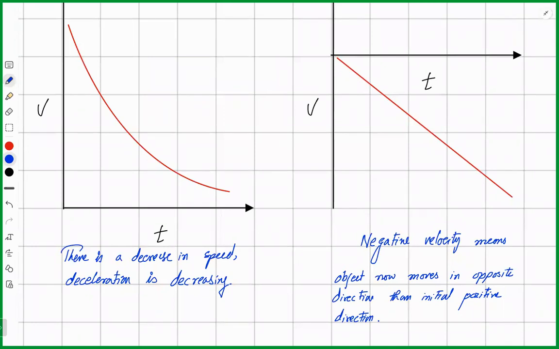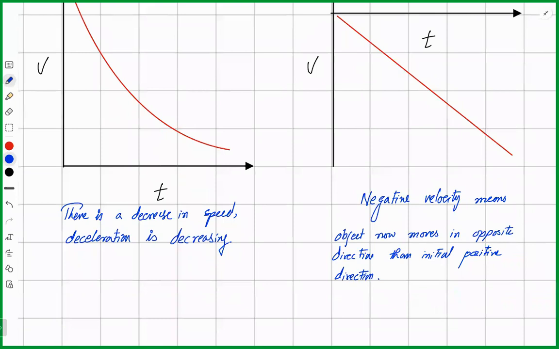In vector quantities, -3 is not smaller than zero. -3 is not a comparison, like comparing 0 and 3. The difference is -3 is in the opposite direction as +3. So vector quantities with negative signs only mean that they are in the opposite direction. Like in this case, the object now moves in the opposite direction.